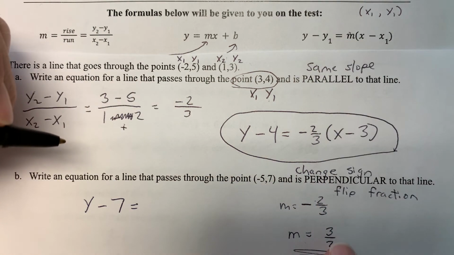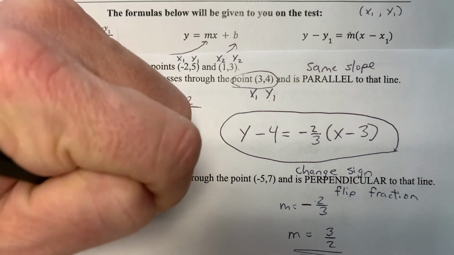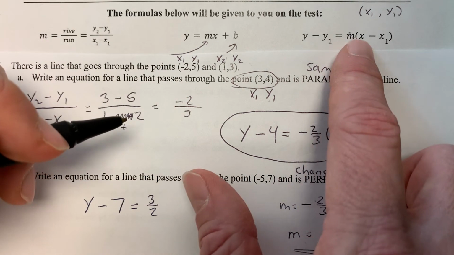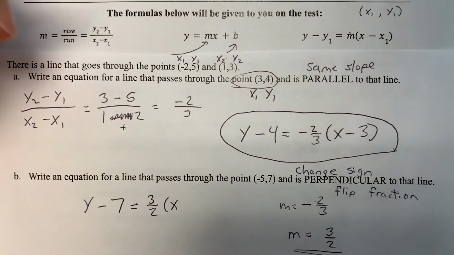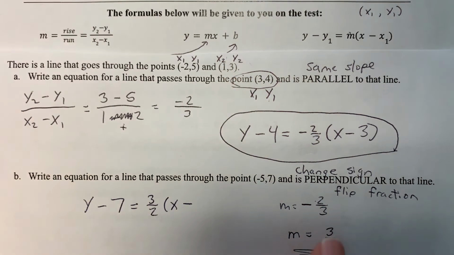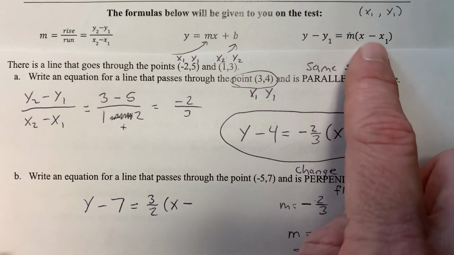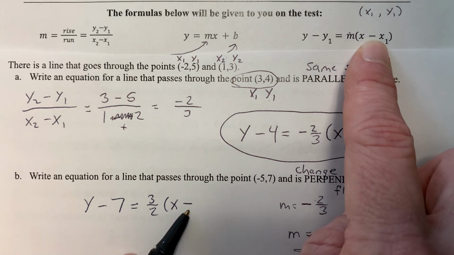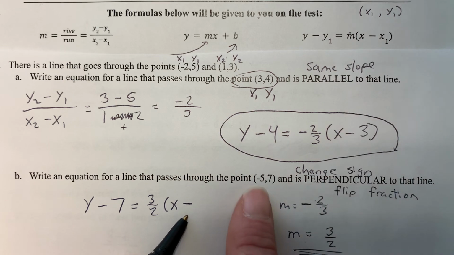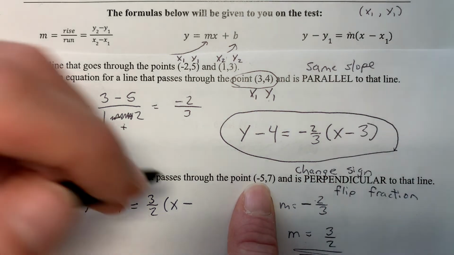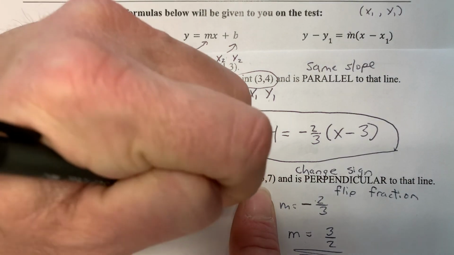Our new slope is 3/2. Then it says to write x minus x1. So parentheses, x minus, because the formula says to put a minus sign there. And now it says to write our first x value. Well, in this one, our first x value is -5. So a -5 will go here.